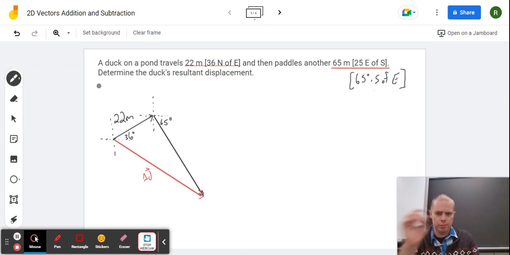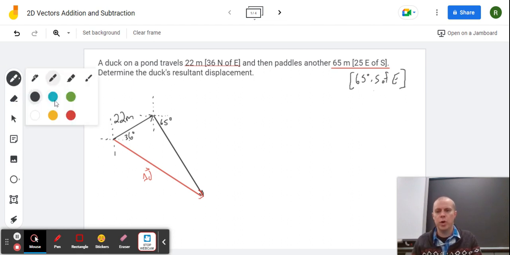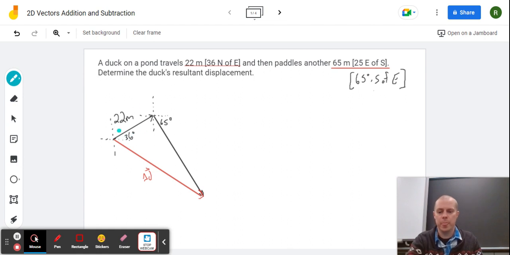So when doing components, what we want to do is write each of these individual vectors. We can break those into x and y components, right? This vector here is the same as this x and this y, and this vector here, I can break into these components.